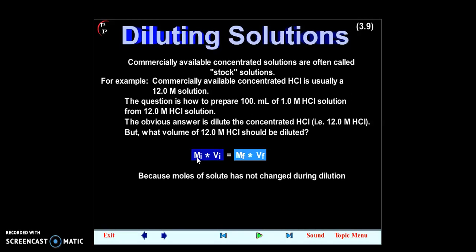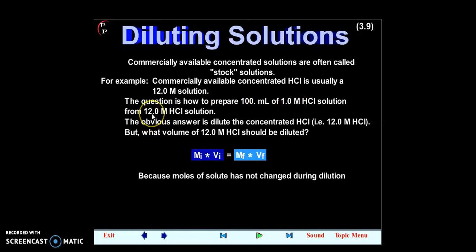First is the initial molarity times initial volume equals final molarity times final volume. From the question you are given, the question is how to prepare 100 ml. To prepare, that is your final volume. You want to get this volume of 1.0 molar solution. This is your final molarity.